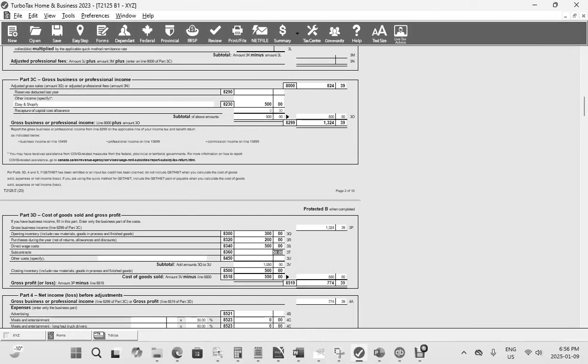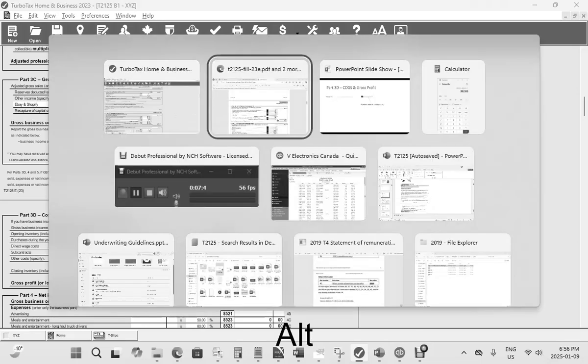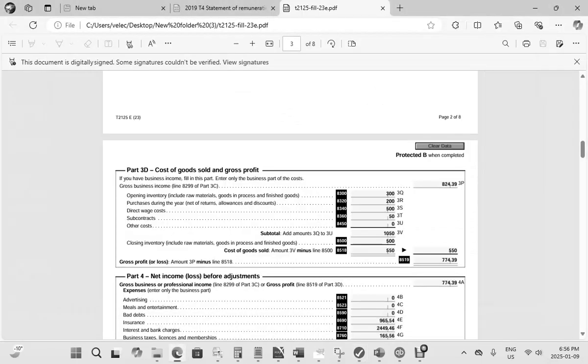All right, subcontracts, line 8360. This is $50. Subcontracts have to do with things like freelancer jobs, or subcontracts given off to subcontractors.